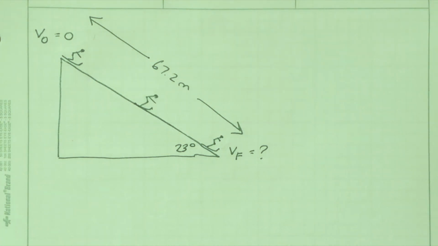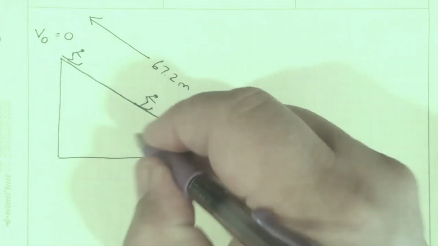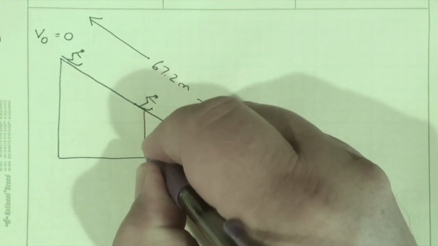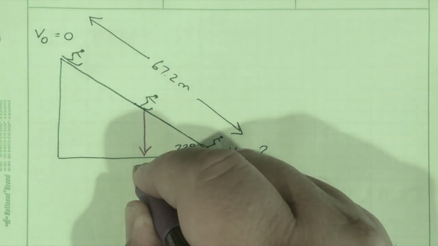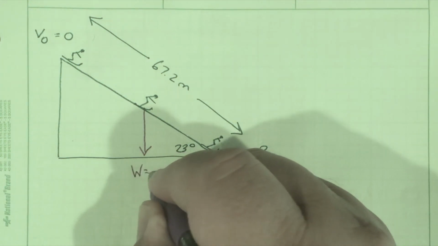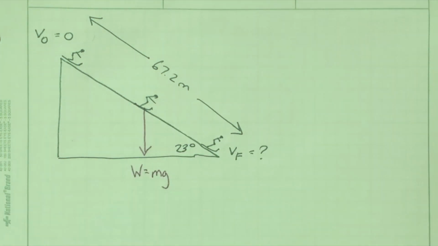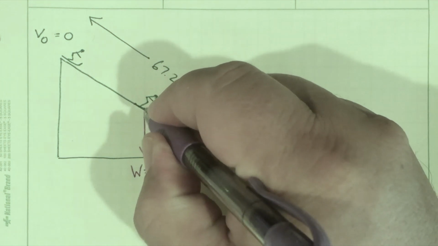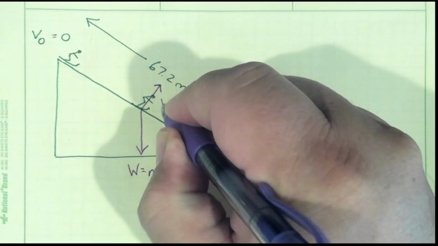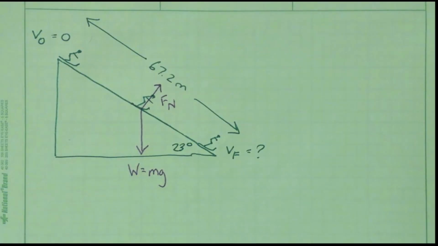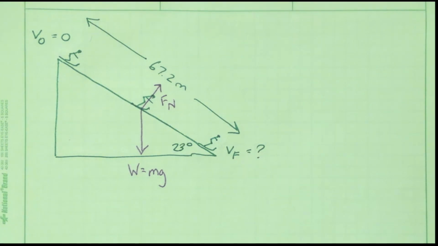So now on this diagram, we are going to draw the forces which are acting on the snowboarder. And in this first situation, it is very easy because there are two forces. The weight force, which, remember, is equal to the mass times the acceleration due to gravity, and the normal force, which, remember, is always perpendicular to the slope.